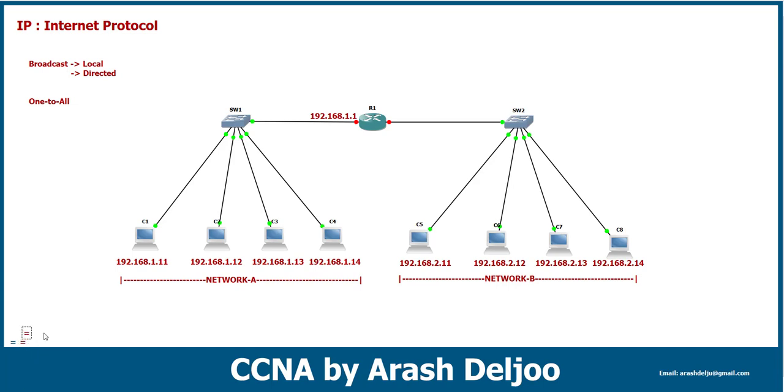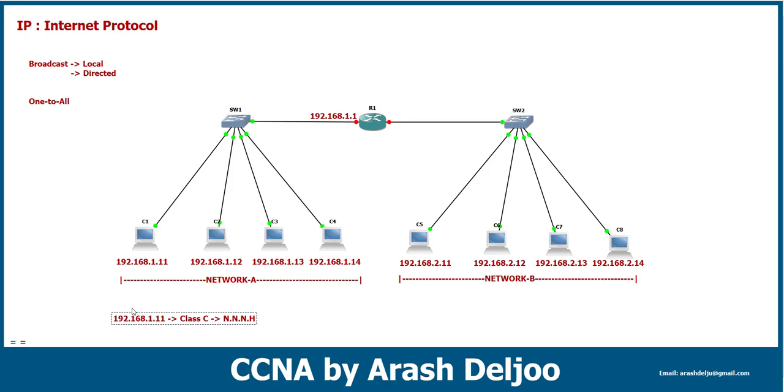Let me show you. Here we have 192.168.1.11, and because this is a class C IP address, as 192 is between 192 and 223, we have the first three octets as the network octets, and the last octet is the host octet.